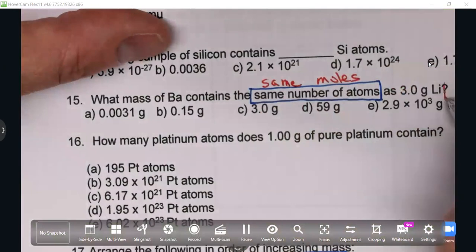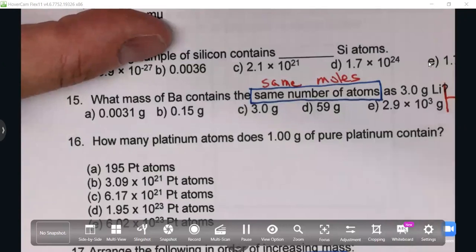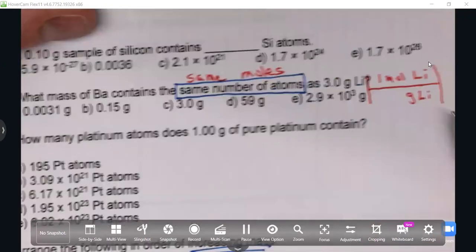So we can take this right here. This is my lithium. So how many grams of lithium in 1 mole of lithium? Now that will give 2 moles of lithium. But if you have the same number of atoms, we can convert this to atoms, but it's going to be a wasted step.